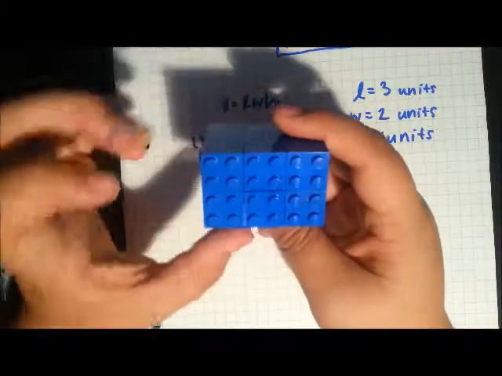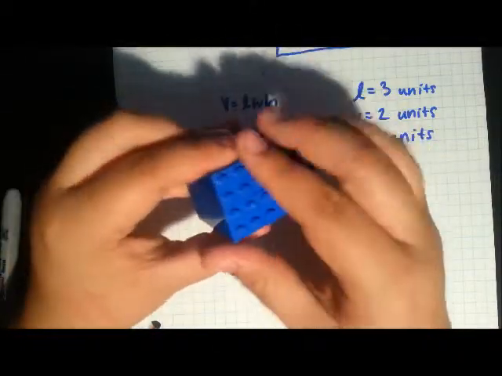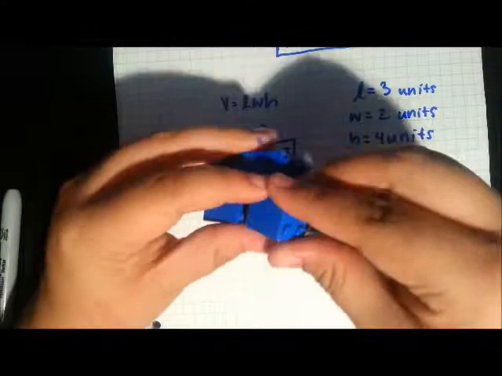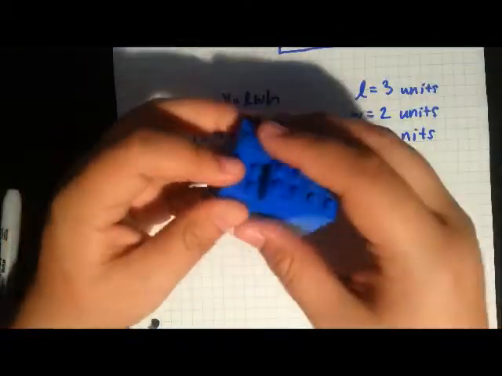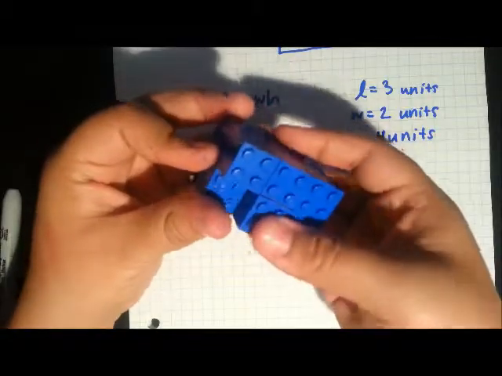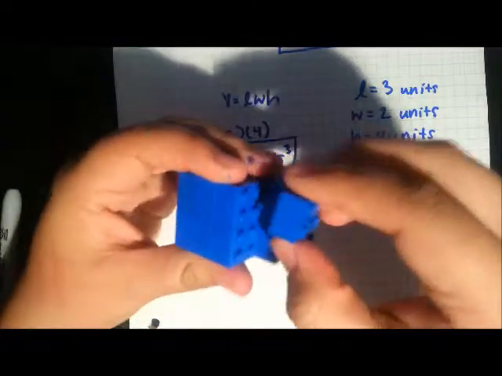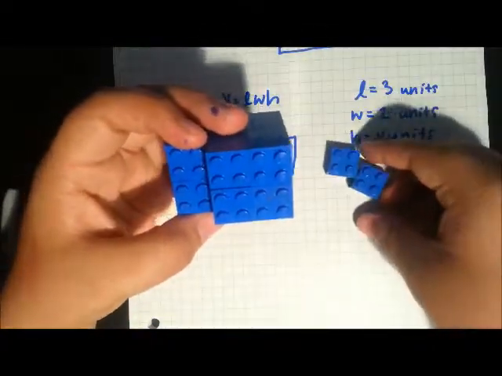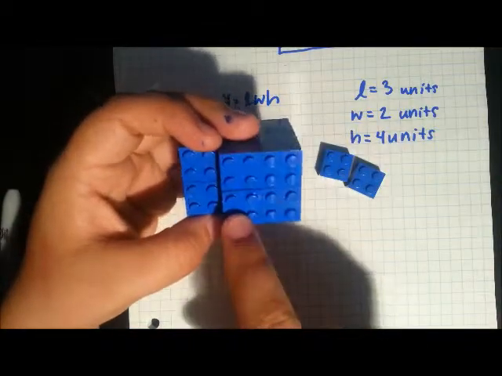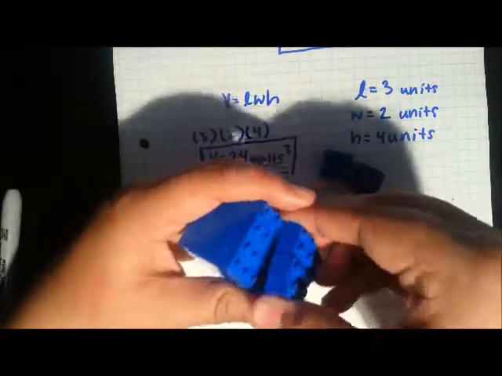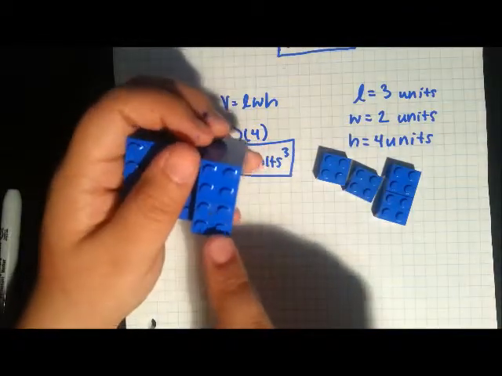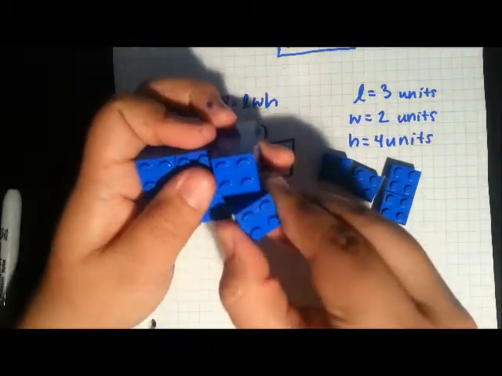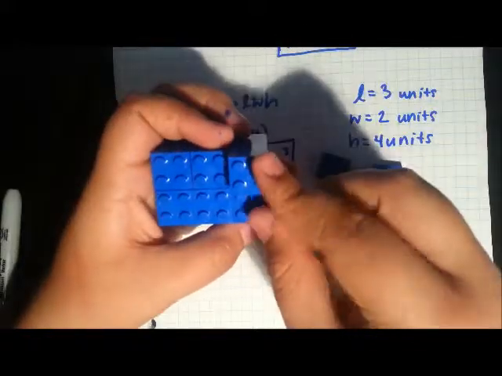So let's start up here. We got 1. Take it apart. There's 1 unit. There is 2 units. This one is 3 units, 4 units. And then we have 5 units, 6.